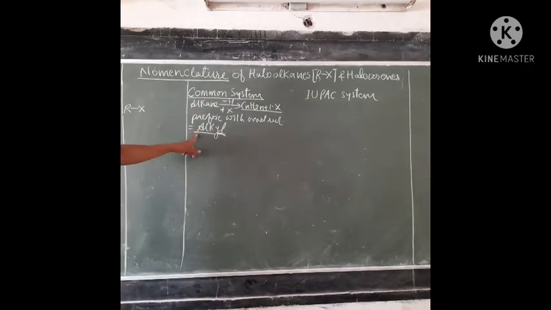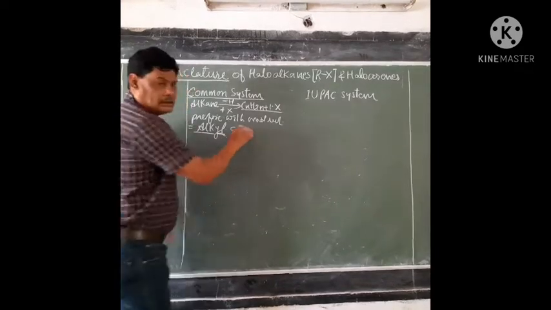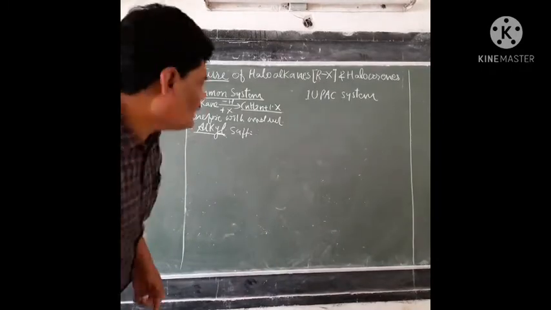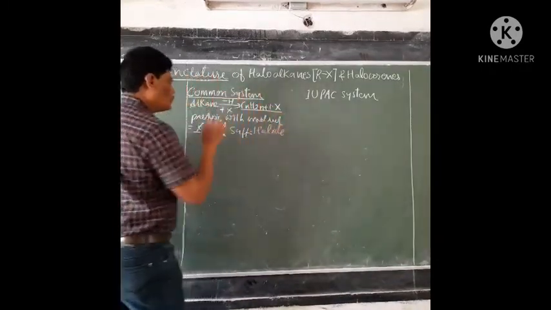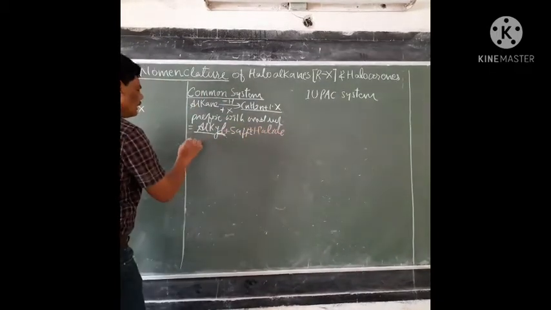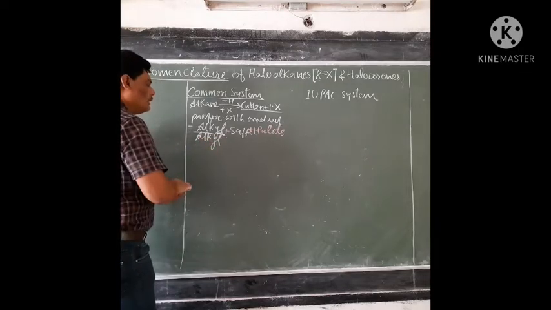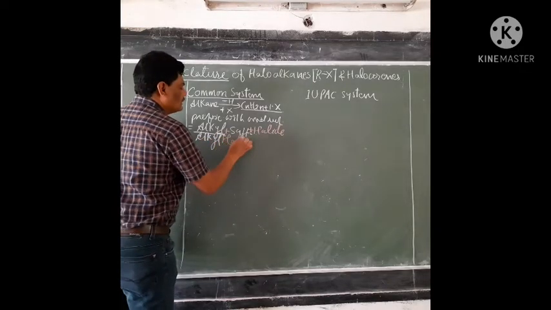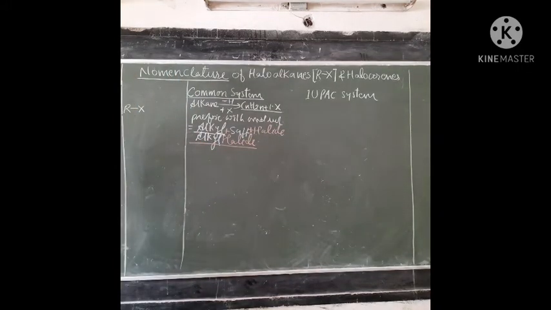So it becomes alkyl. And the suffix is written as halide. So now add alkyl plus halide, overall the name becomes alkyl halide. So these are the rules for the common system.